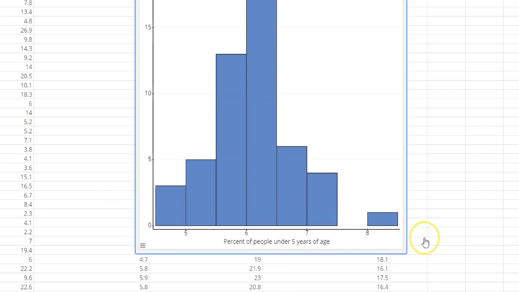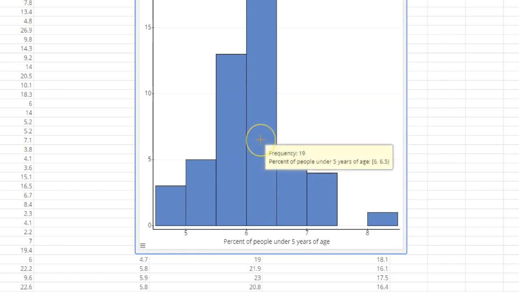But it's a normal distribution. So when you have a symmetric distribution, the mode and the median and the mean are all going to be roughly in the same location. So this bar of the mode, which is between 6% and 6.5%, is my estimate for the median and my estimate for the mean.